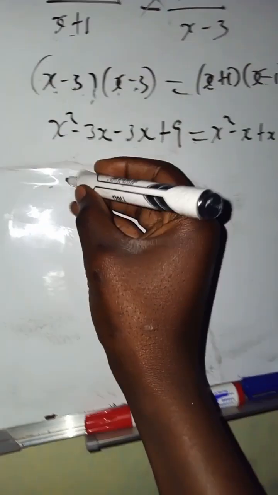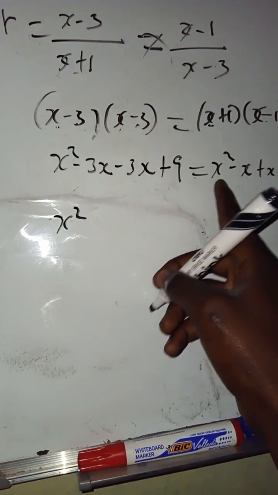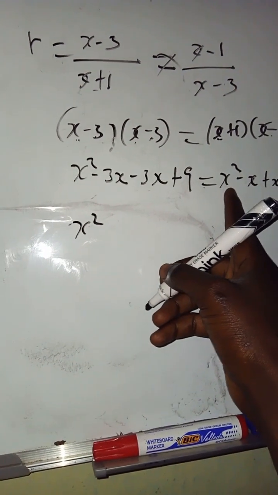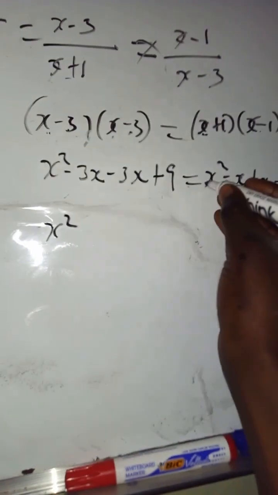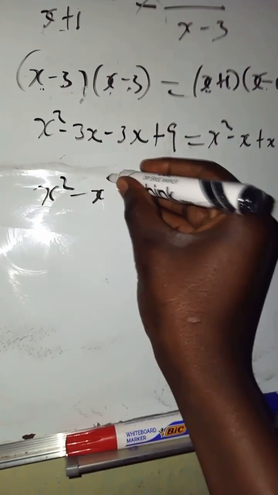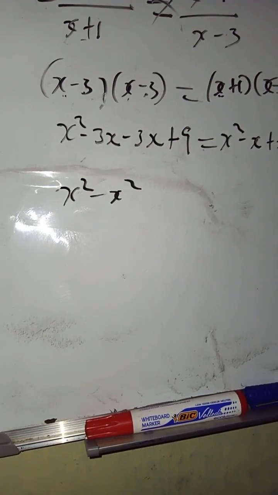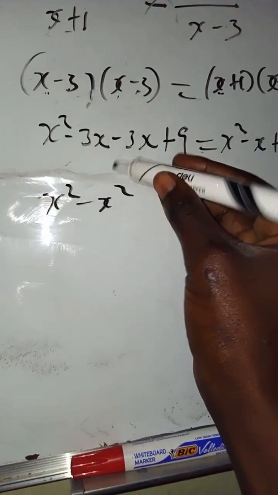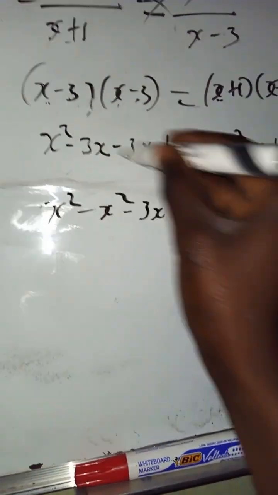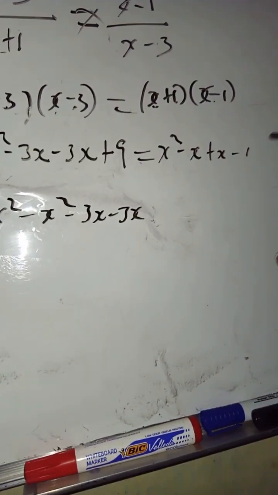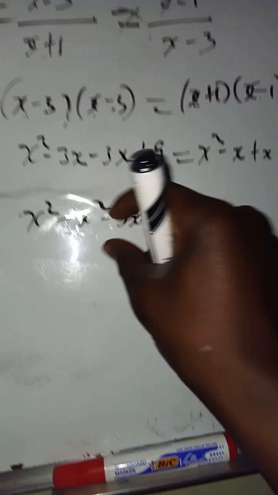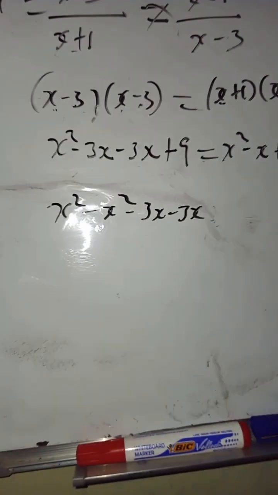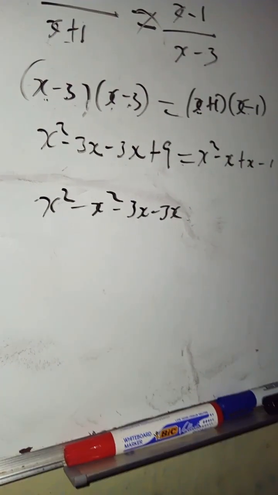So we have x squared. This can come here, so from being positive, it crosses the equal sign to be negative x squared. Then here you have negative 3x, here you have negative 3x. The ideal is to have letters on one side and numbers on the other side. That's what I usually like doing. It makes the work easier and much easier for you to follow.